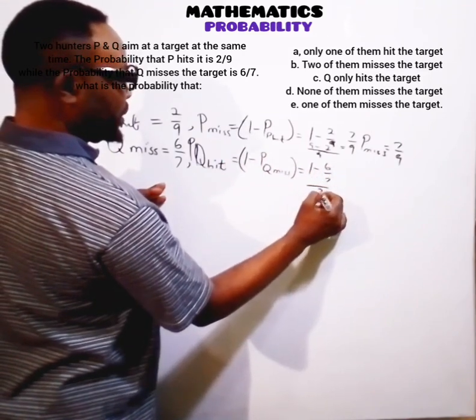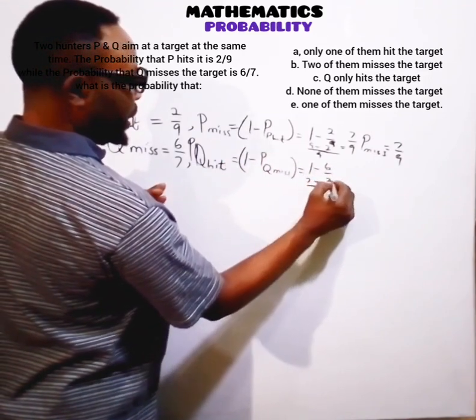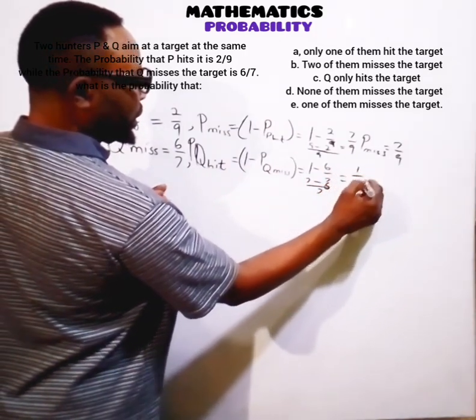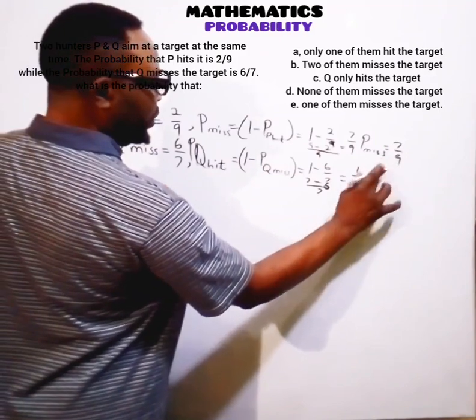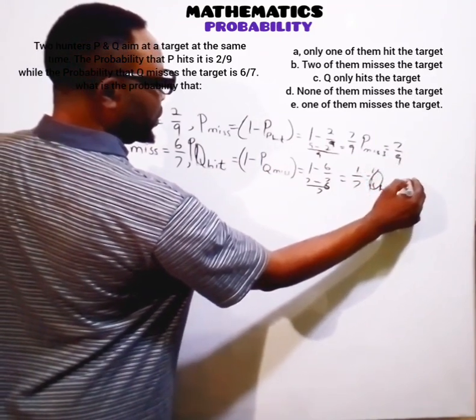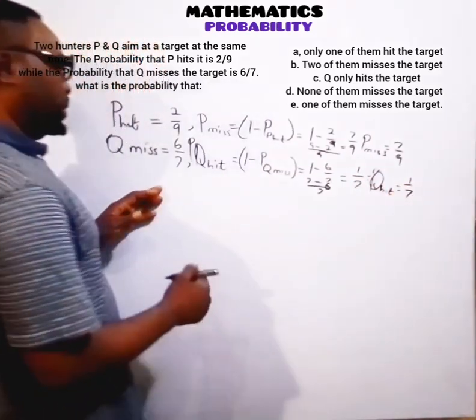We find the LCM, 7. 7 minus 6 is 1, so that will be equal to 1 over 7. That is, the probability that Q hits the target is 1 over 7.